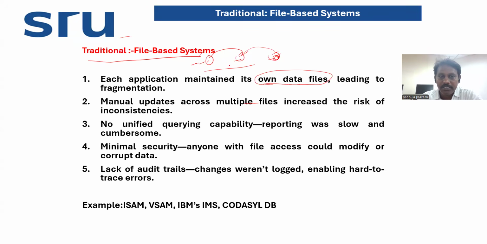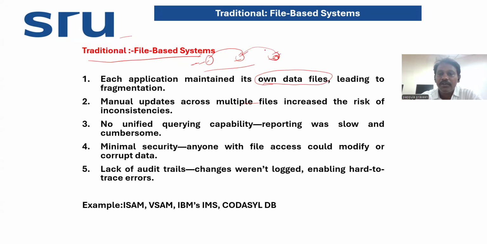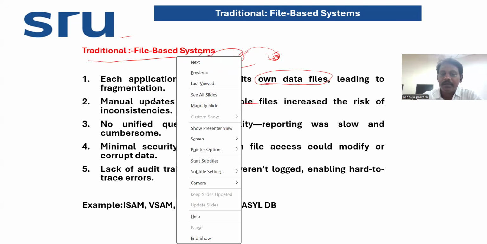Now in traditional databases like file-based systems, all our data files are independent, and manual update across multiple files increases the risk of inconsistency. These data files are inconsistent because if you want to change student details in the student file, that is not reflected in the other files, because this is independent and this is independent. So now manual updates are required, right?